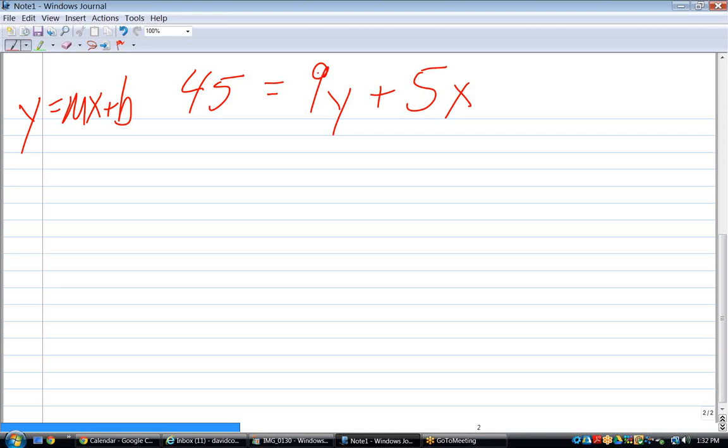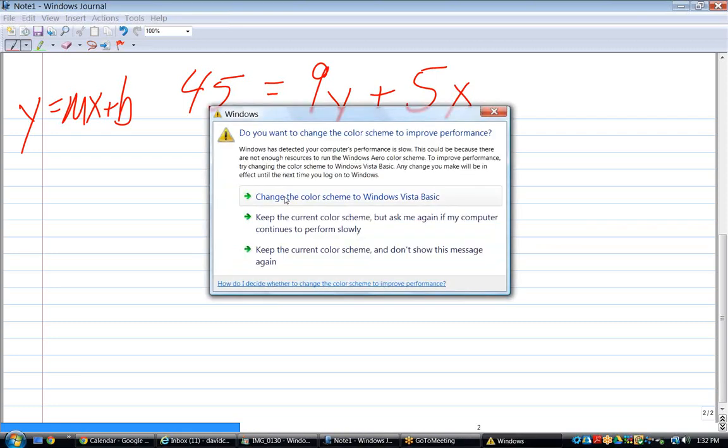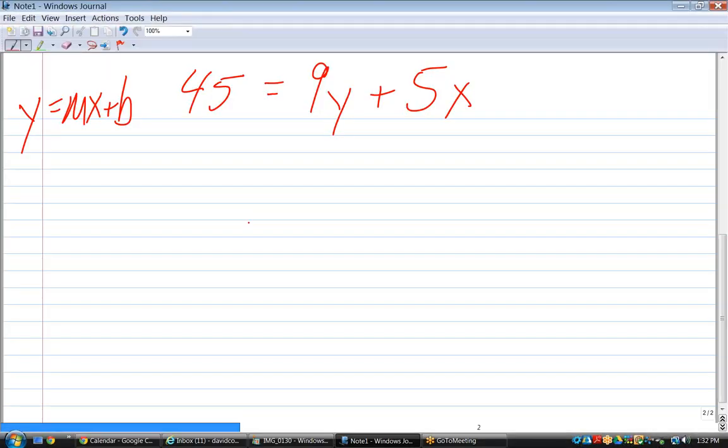So what's the first step in solving this equation for y? You could minus 5x from both sides. Okay, so what's the next line? It'd be 5x minus 45. Hold on. Back it up. We're solving for y. So we're going to leave the 9y there. Yes. So how do we move the 5x to the other side?